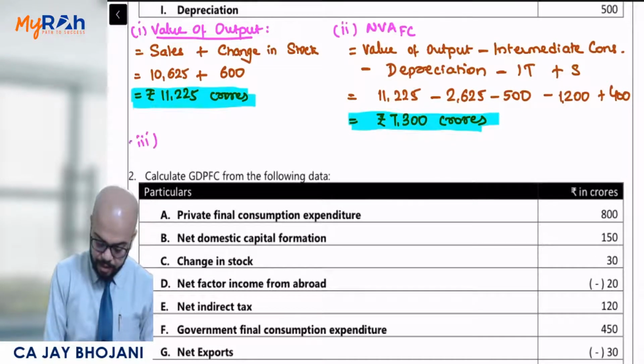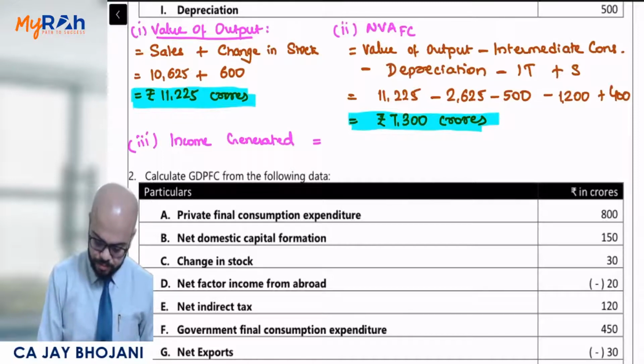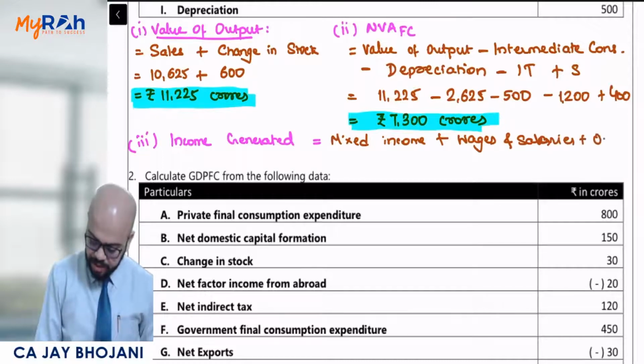Income generated is equals to mixed income plus wages and salaries plus operating surplus.